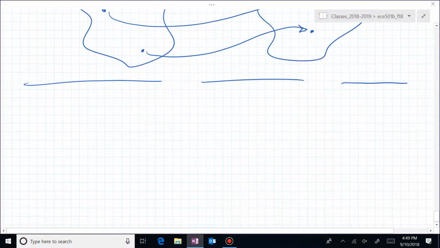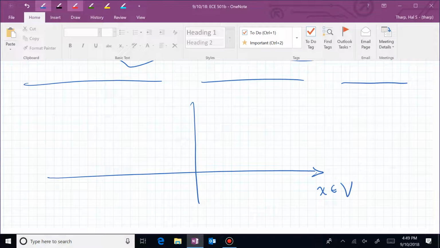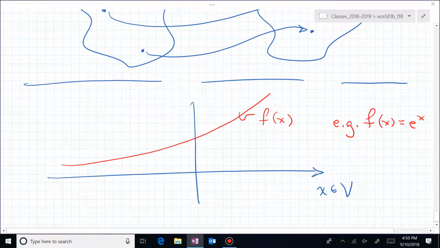So, what might that look like? Suppose that we had this, let's say X is just real, and its codomain is the following. There's f of x. In this case, for example, something that maybe looks like that might be this exponential.